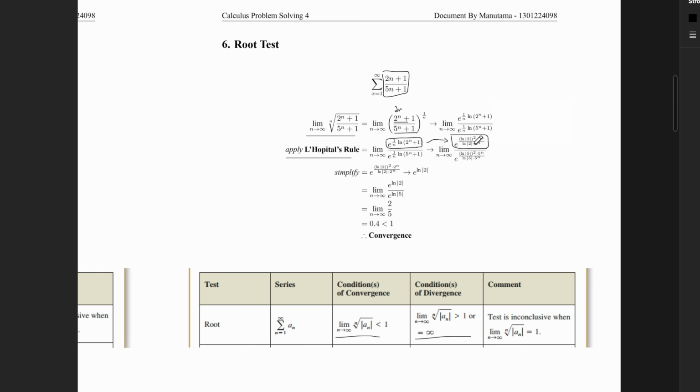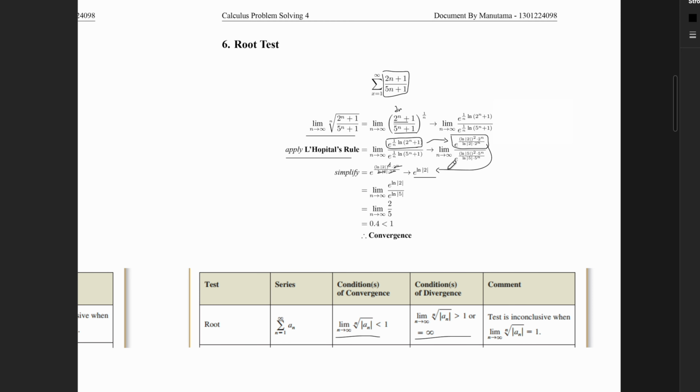We got this one. Actually, we can simplify this like this. So ln 2, we got ln 2 squared, and we can take one of them, and then we can cancel these two.